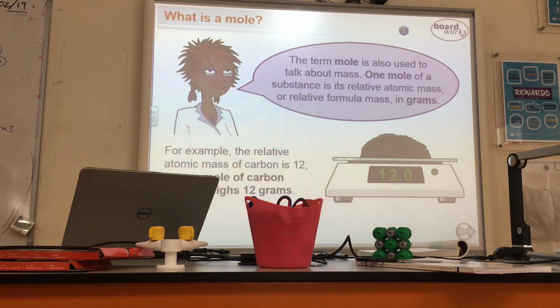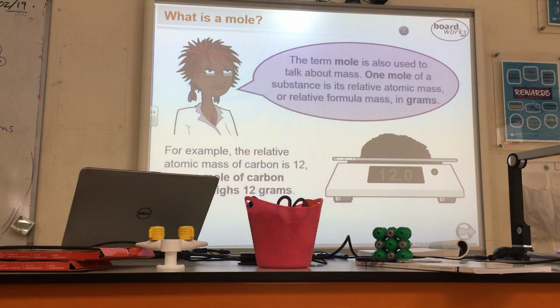If I know this, then how much would half a mole of water weigh? In terms of its mass? 9 grams. And even if you don't really understand that, even if you're sitting here thinking, I hate chemistry, you are lucky because there is an equation which allows us to work out the moles.